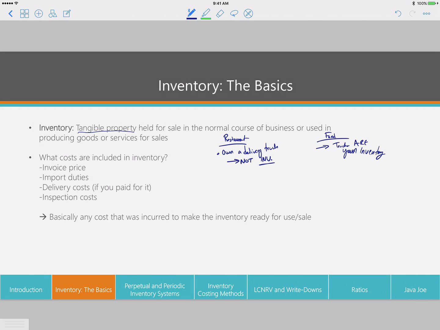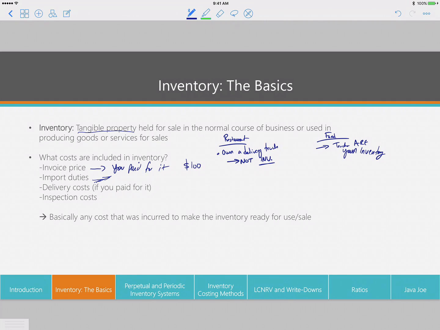So what costs are actually included in inventory? You have the inventory price, which is what you paid for it. For example, if you buy 100 water bottles and they cost $1 each, the invoice price would be $100. You also have to pay any import duties to bring it into the country.